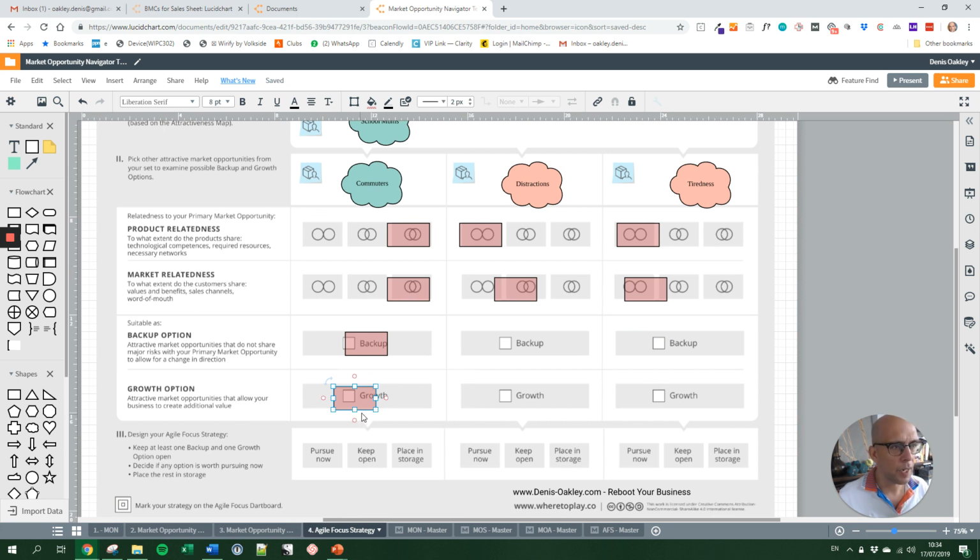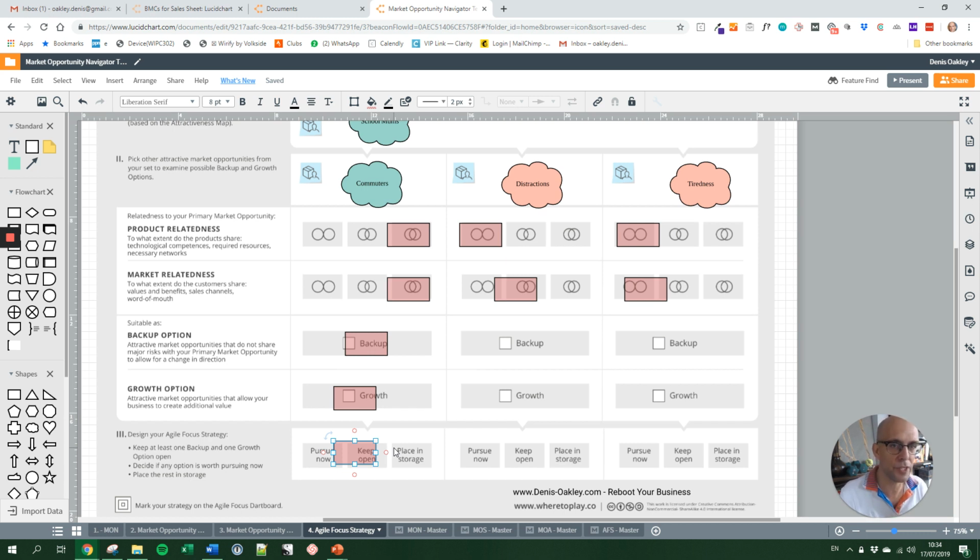So clearly, I'm not sure I'd want to pursue this now. I don't think the commuters, we've got the skills and the capability to do both of these at once.